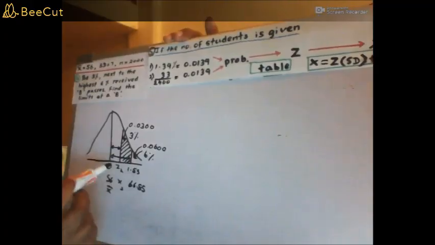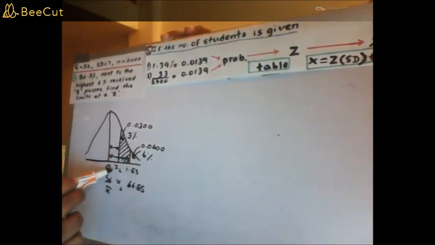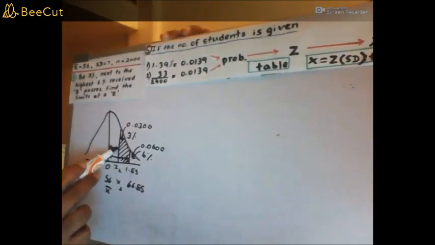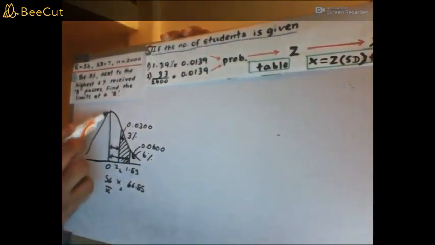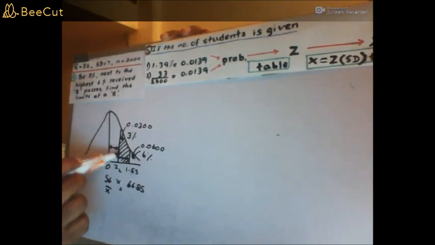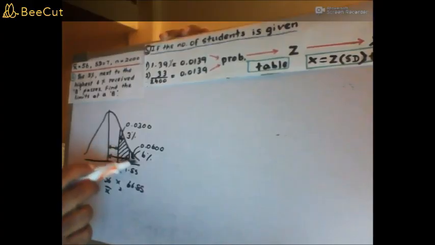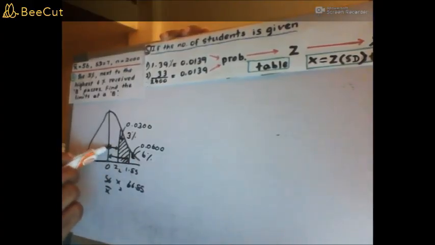Why do we have to find that probability? To find Z2, right? So how can we get it? From this middle line to a particular Z value, we can get the probability. Then here we have to deduct this whole area from 0.5. Then we can know the probability of this area.